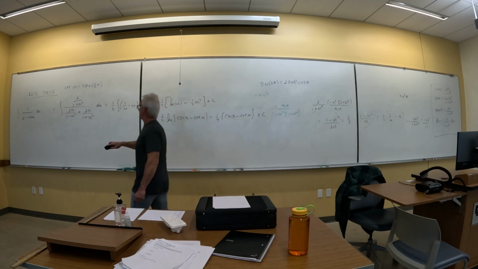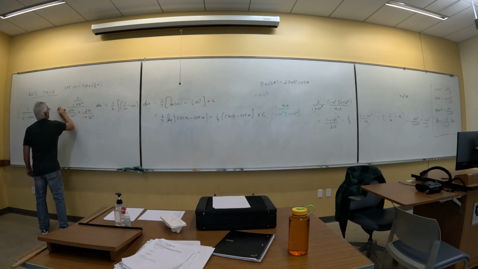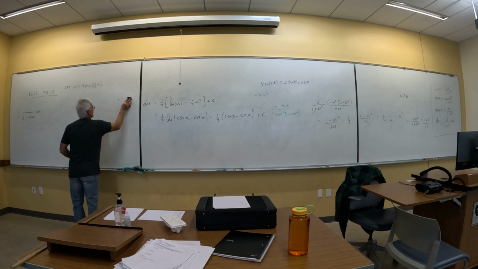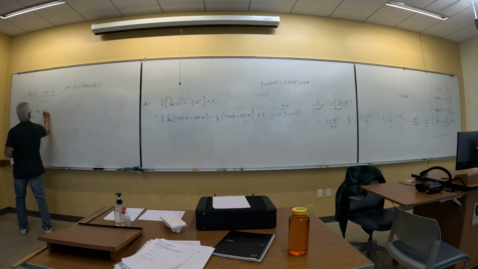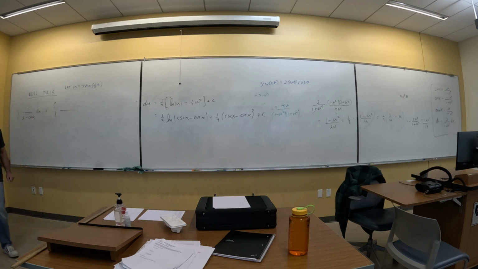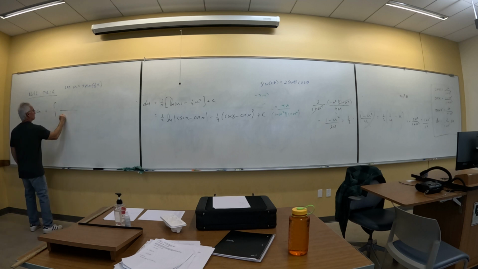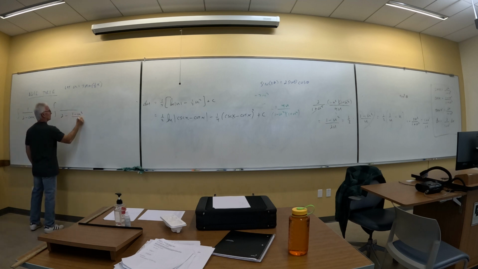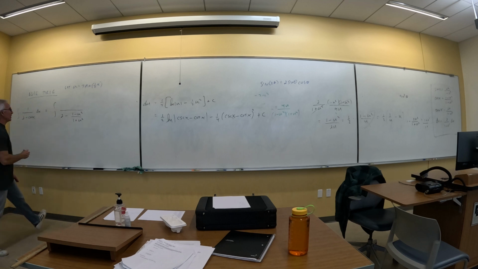So let's start this one. Okay, so cosine is 1 minus u squared over 1 plus u squared. And on top, I'm going to have 2 over 1 plus u squared.